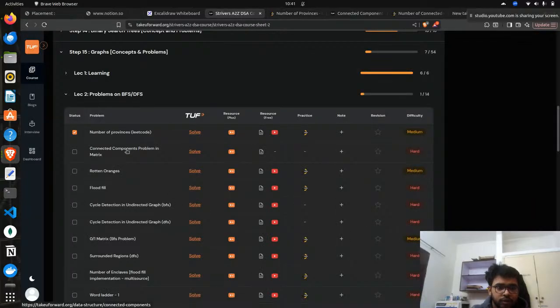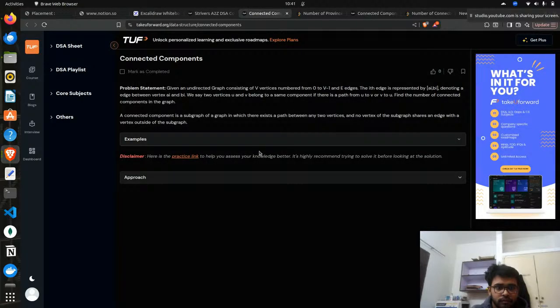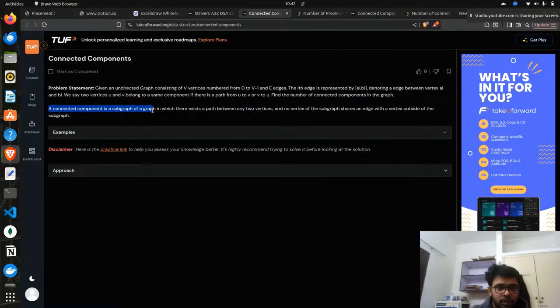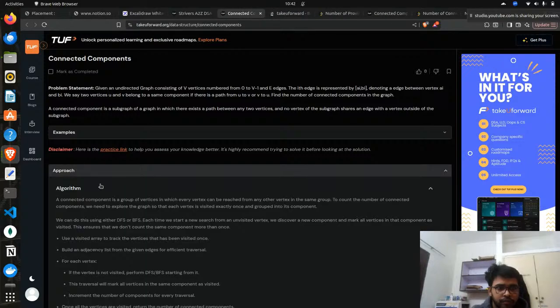Now the problem Connected Components in a Matrix. Given a graph, a connected component is a subset of vertices. Finding the number of connected components in the graph.